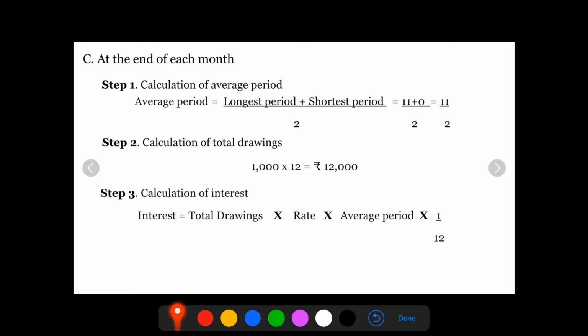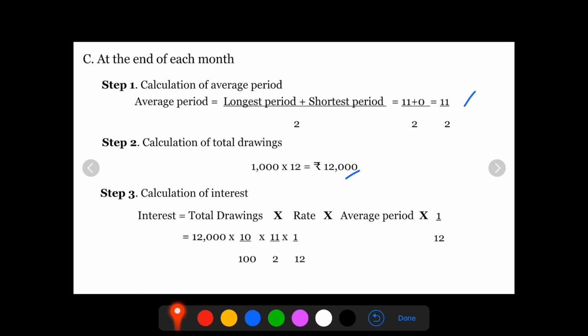Step 3 is calculation of interest. Interest is equal to total drawings into rate into average period into 1 divided by 12. So what is total drawings? The amount is rupees 12,000. Rate is 10% per annum. Average period is 11 by 2 into 1 divided by 12.